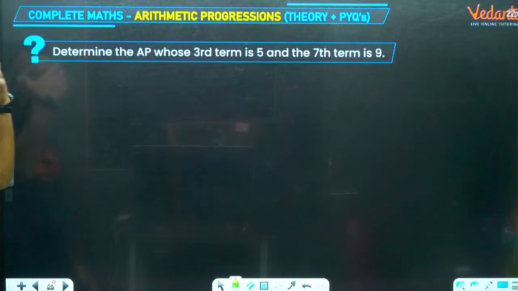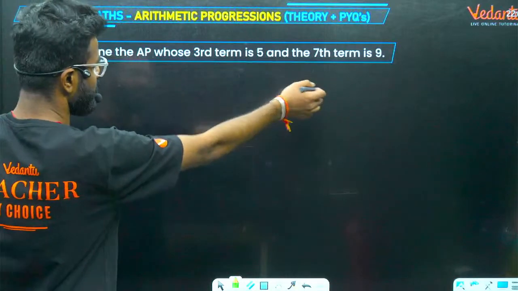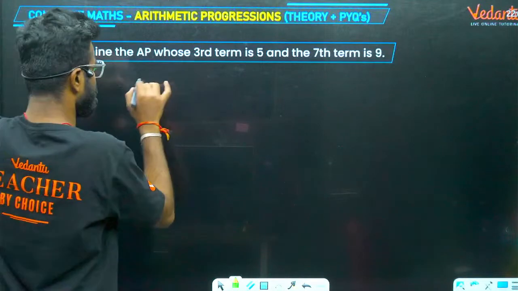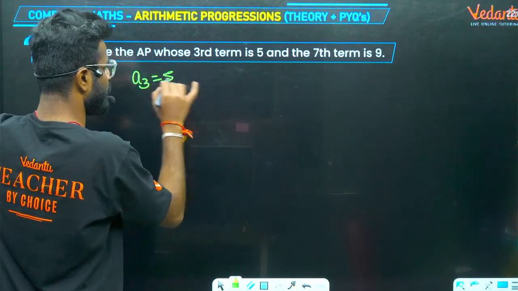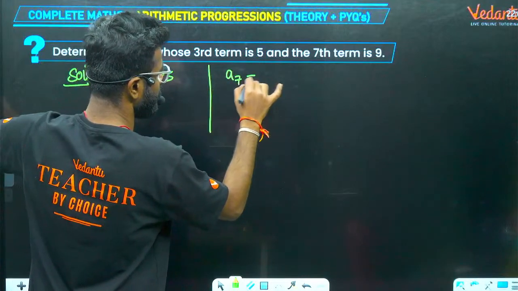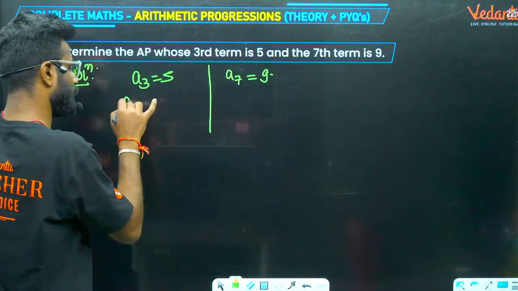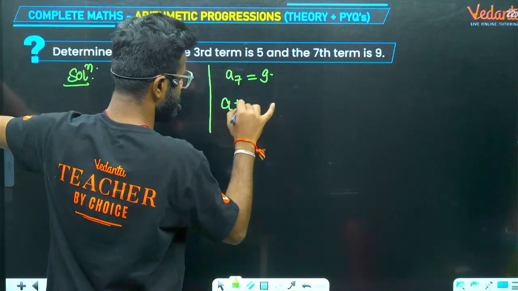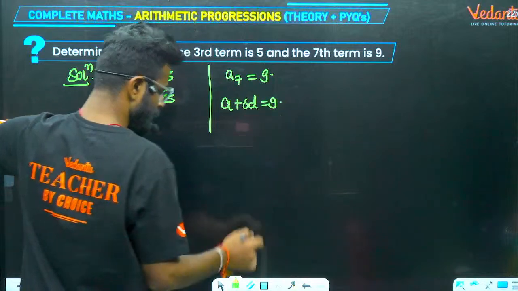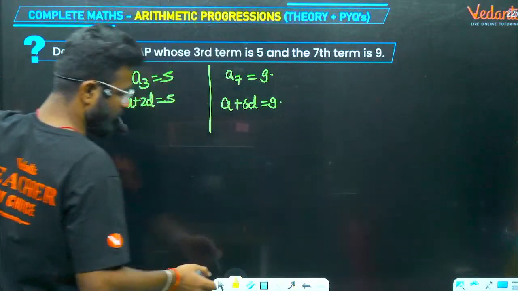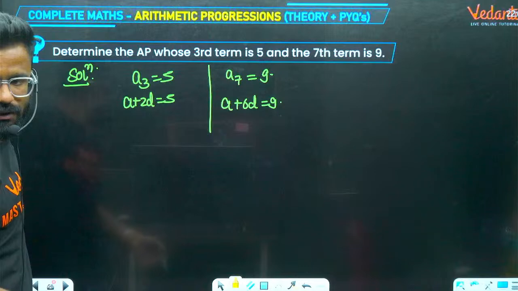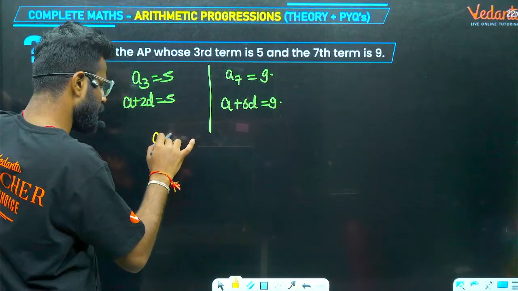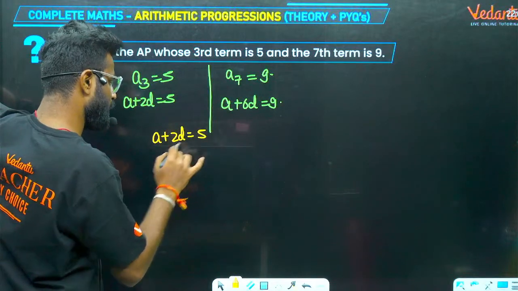Determine the AP whose third term is 5 and the seventh term is 9. Third term means a3 is equal to 5 and seventh term is 9. a3 is a plus 2d is equal to 5 and a7 is a plus 6d is equal to 9. Solve these two equations by the method of substitution or by elimination. A plus 2d is equal to 5.